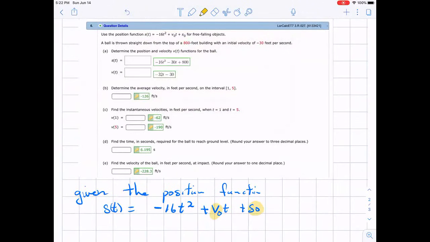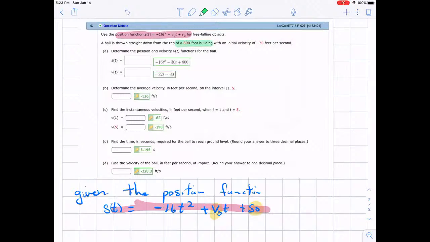Now, if you look at your problem, this was given to you. It's over here, the position function. If you continue to read the second line, they told you that a ball is thrown straight down from the top of a building of 800 feet.